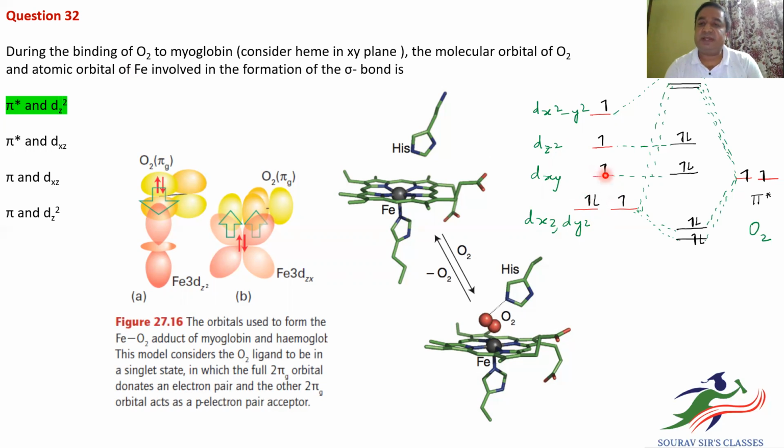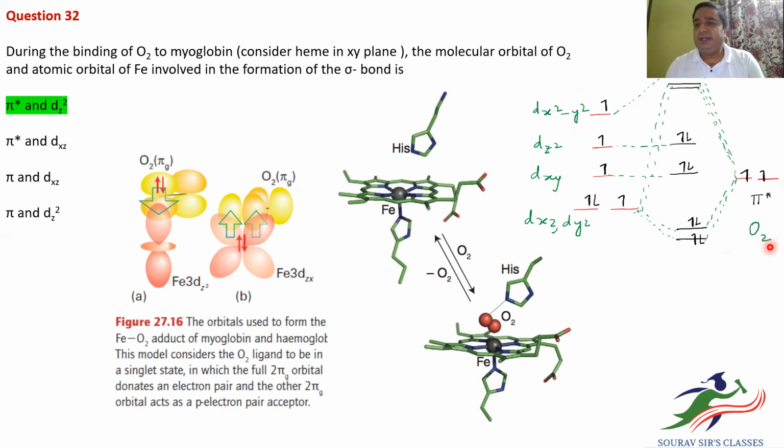Then we have dxy, then dz square and dx square minus y square. You have to put 6 electrons because this is a d6 system.